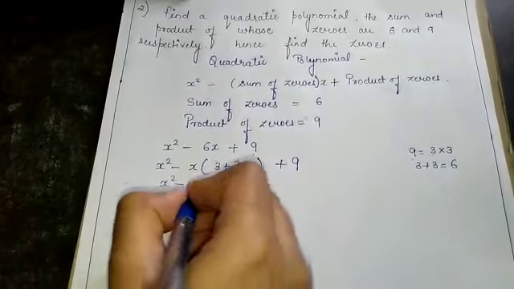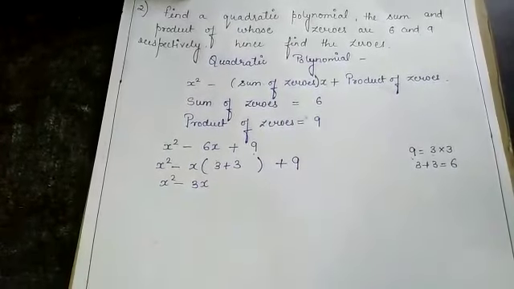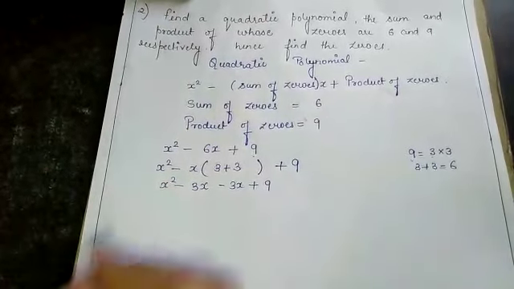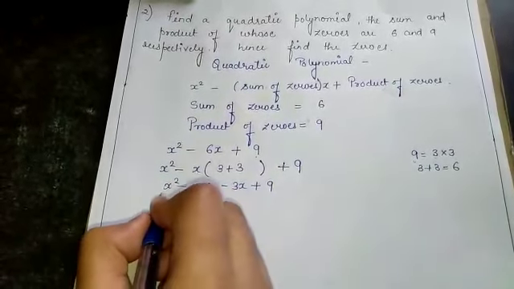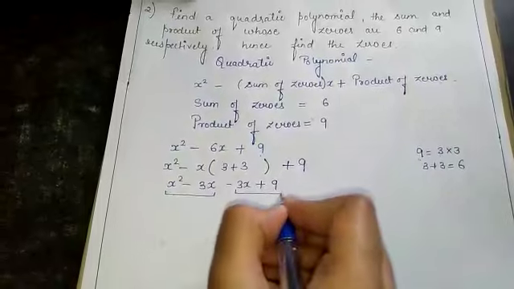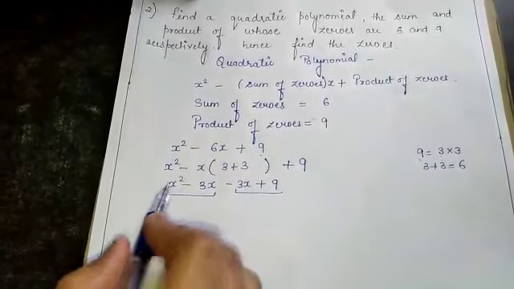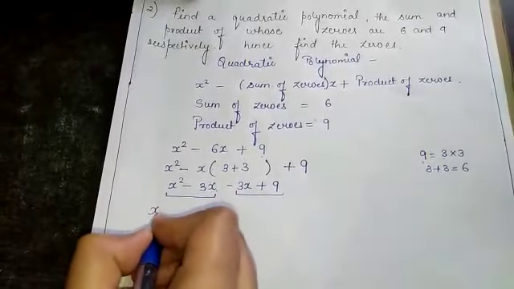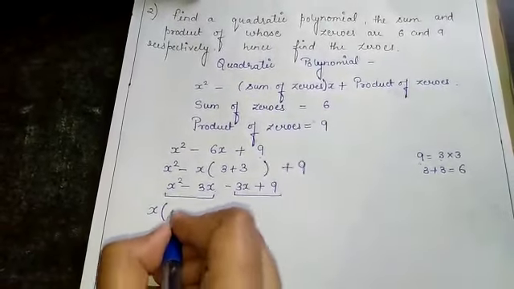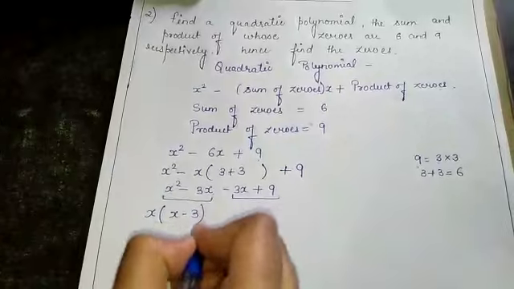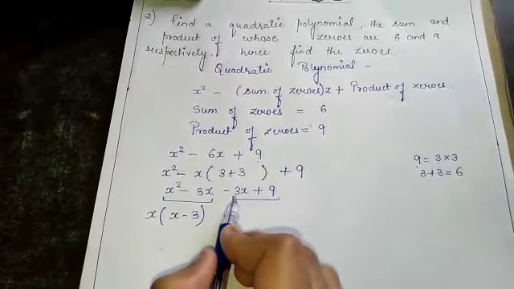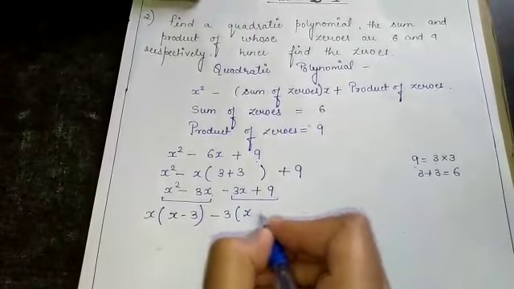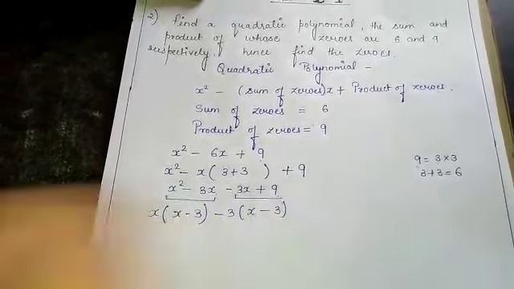x square minus 3x minus 3x plus 9. So I'm going to split these into two groups, and the common term in the first group is x. So x bracket x minus 3, and here the common term is minus 3. So minus 3 bracket gives 3x minus 3.